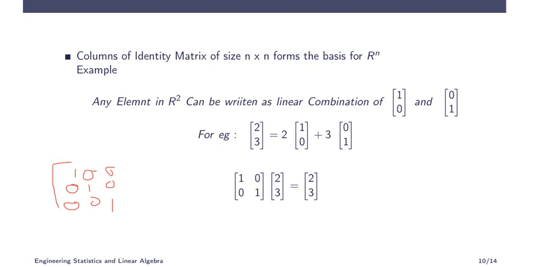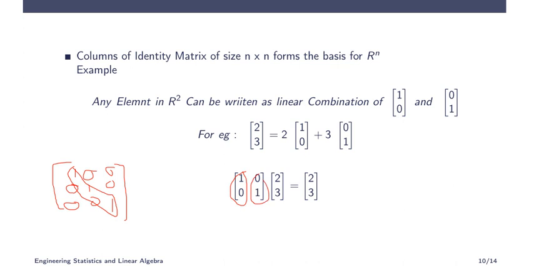So this entirely spans x, y, z, three components, and they are linearly independent, since we know that if it is a triangular matrix and diagonal elements are existing, then the columns are linearly independent. That is why all three make all the possible combinations of x, y and z, and that is why this is a basis. So this is the elementary basis for R3, and 1 0 and 0 1 is the elementary basis for R2.